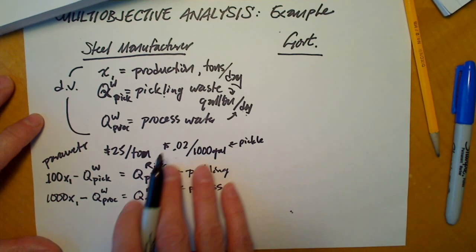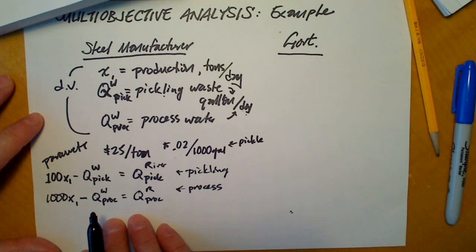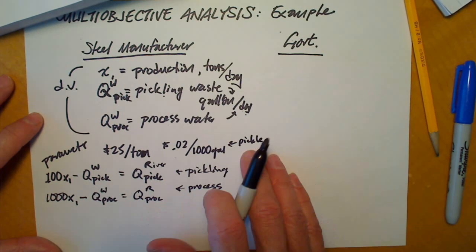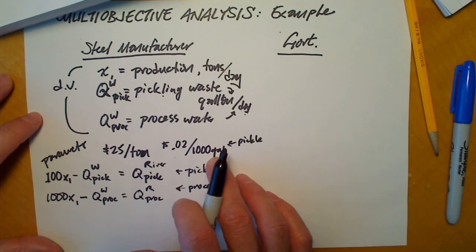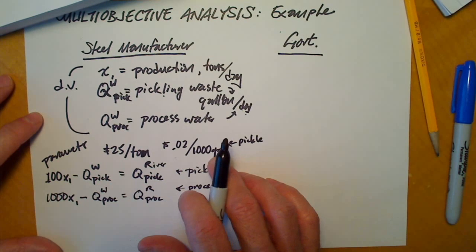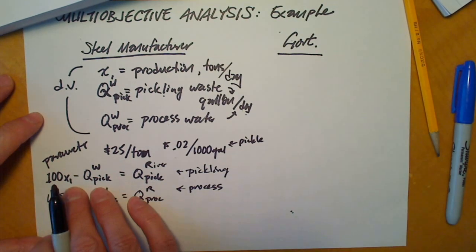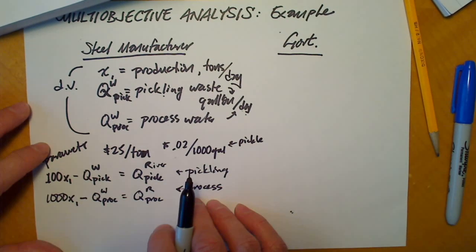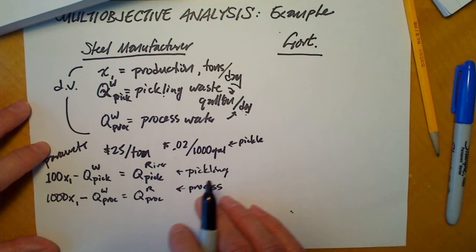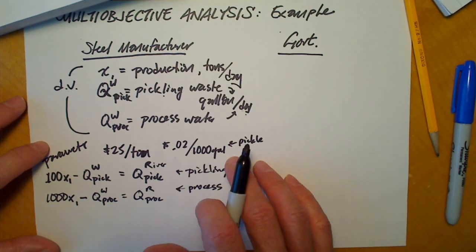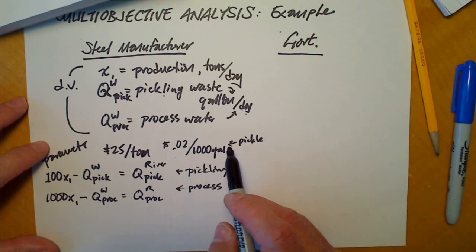Keep in mind that these units are going all over the place. We've got gallons, gallons per day, 2 cents per gallon, and gallons per ton, so you're going to have to be careful about how you treat your units. Also, it has an interesting complication.